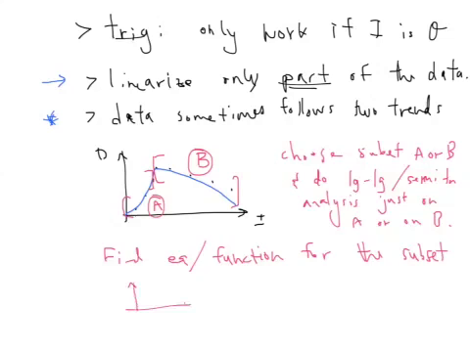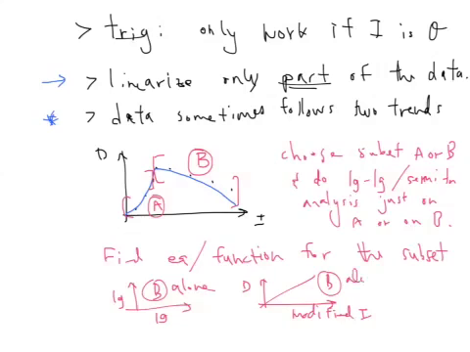So you would do a log with the subset. This would be just B alone. Then you would get your final function graph where it's a straight line with D versus a modified independent variable. And this again is B alone.